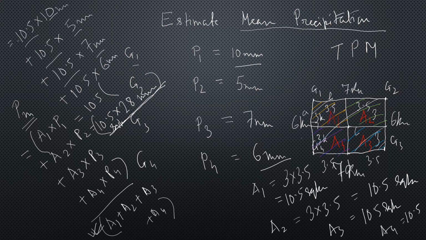So what is this? This is actually 10.5 plus 10.5 plus 10.5 plus 10.5, that means 4 into 10.5.